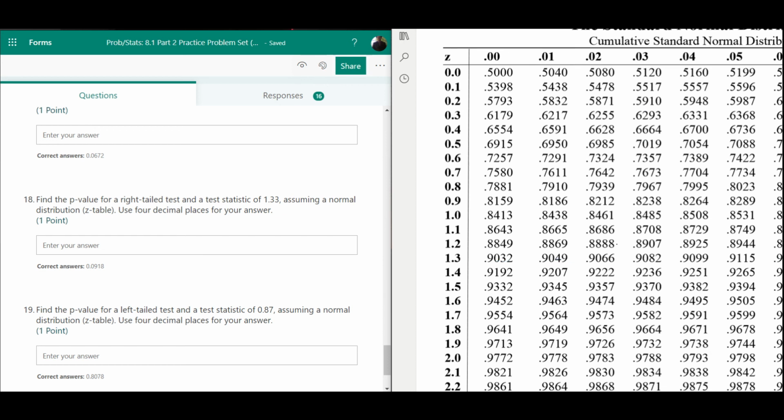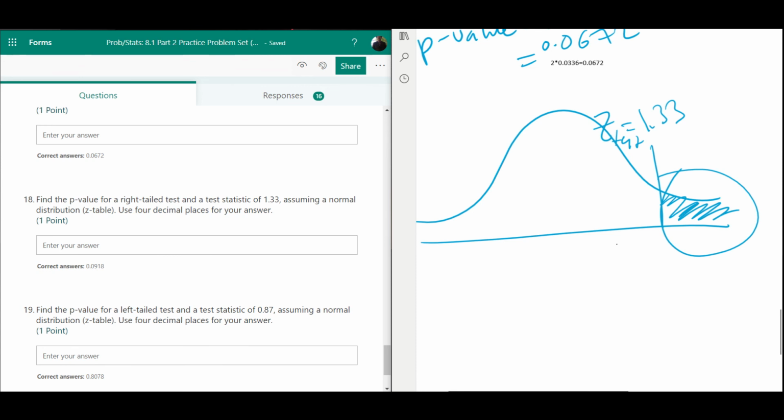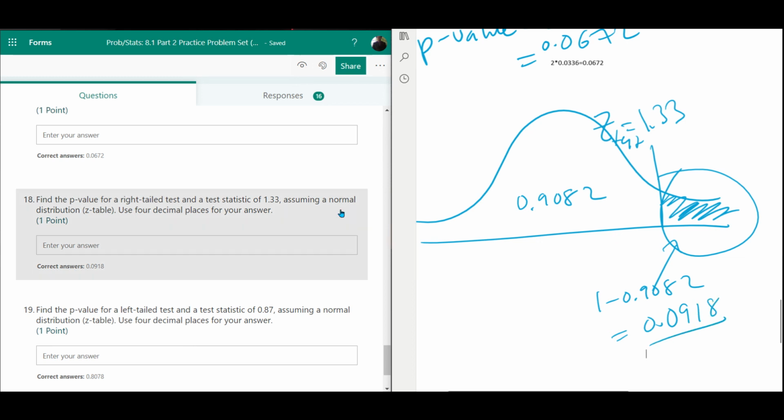All right, so 0.9082. Let's go back. So this right here is 0.9082. But to figure out the right side, I need to do 1 minus, right? So 1 minus 0.9082, which is 0.0918. Okay, so that should be my p-value.